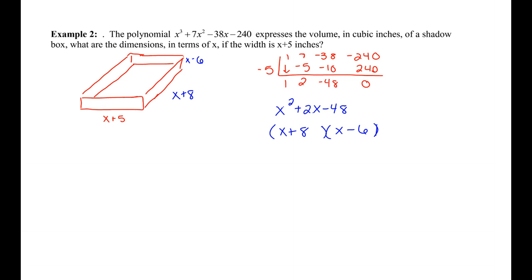So the dimensions of my box were x plus 8 by x minus 6 by x plus 5. We will look at the other two examples tomorrow in class.